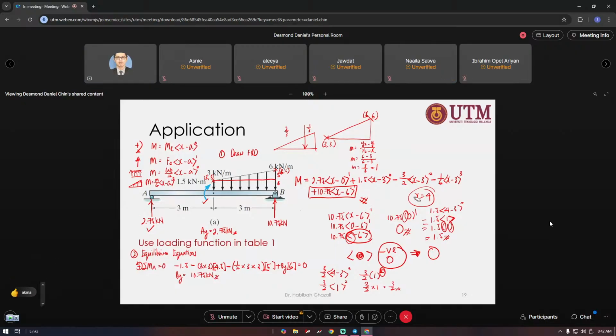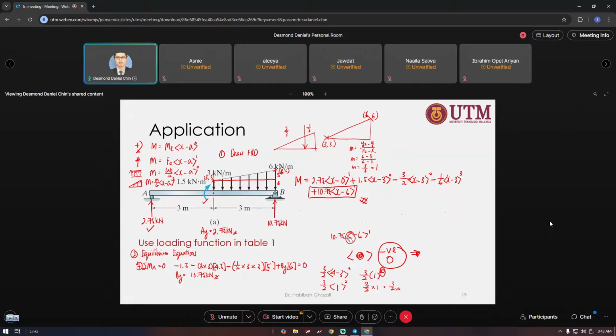Okay, thank you. So delete all this. Make sure you remember how to use the Macaulay's bracket. It is very important in this chapter. If you cannot understand how to use the Macaulay's bracket, you will have a hard time for this particular chapter. Macaulay bracket is not that hard. It's very easy.